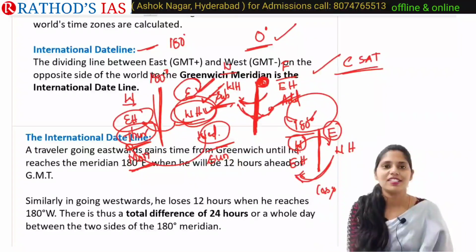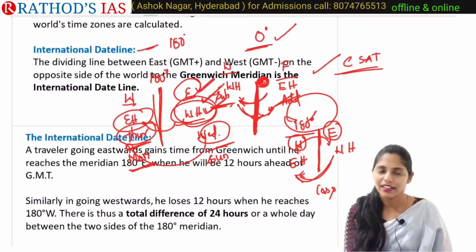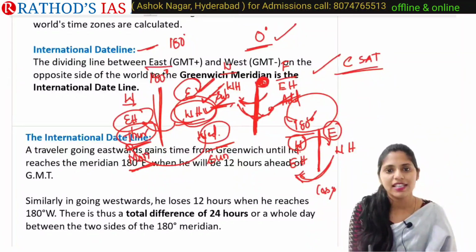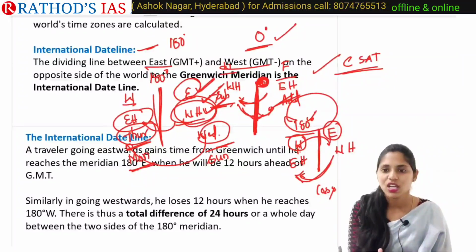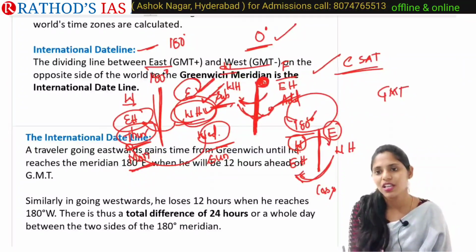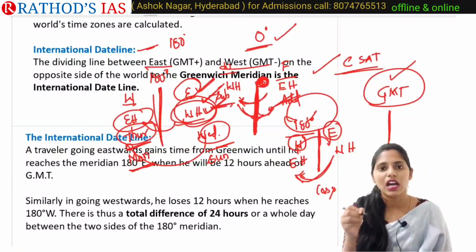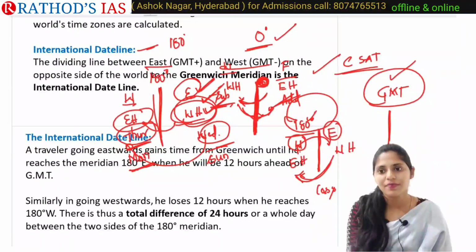So let us try to understand what is written here. The international date line is nothing but the dividing line between east and west. GMT means Greenwich Mean Time. The time at 0 degrees longitude, the Greenwich longitude, is called Greenwich Mean Time, right?